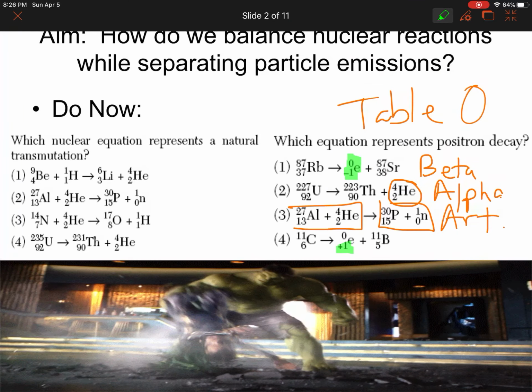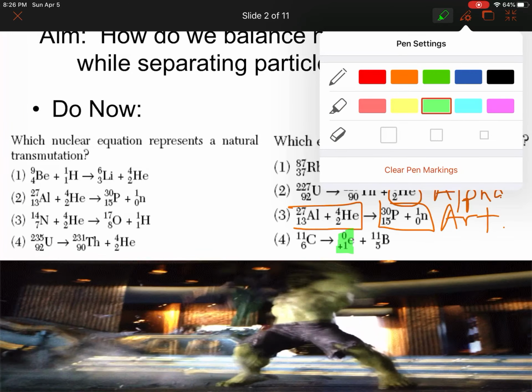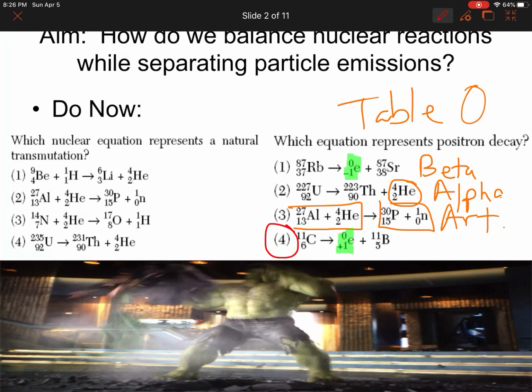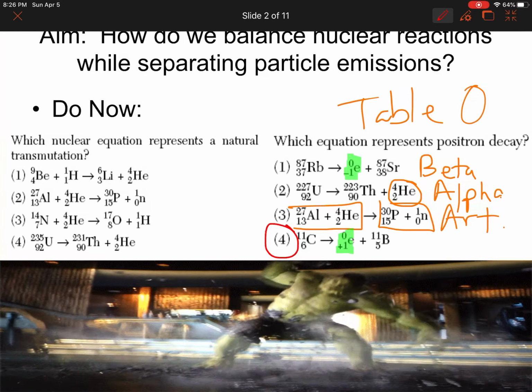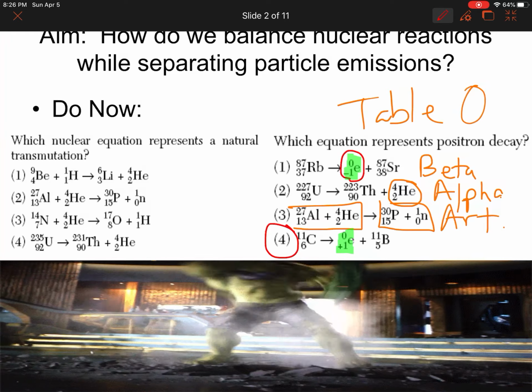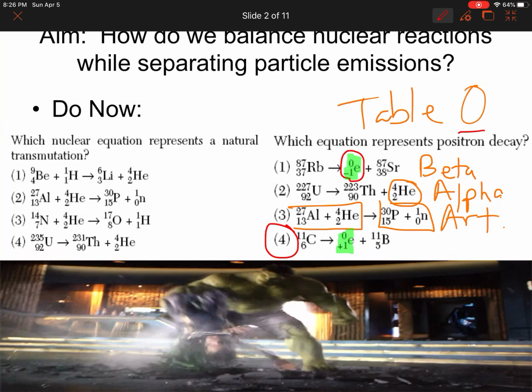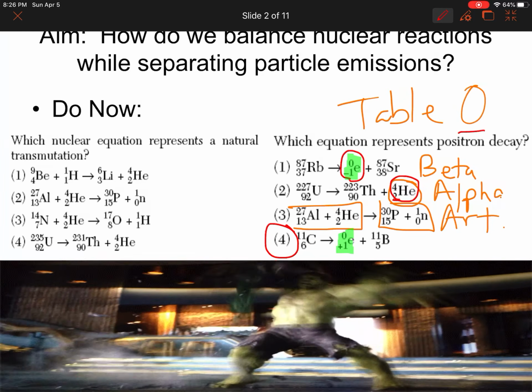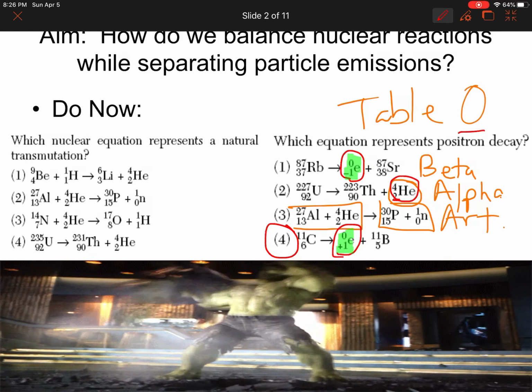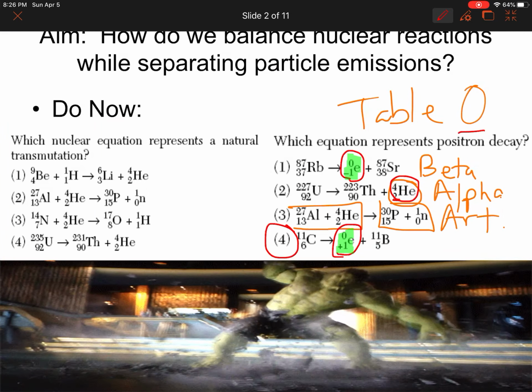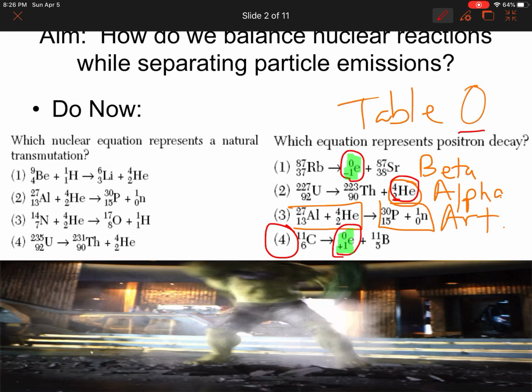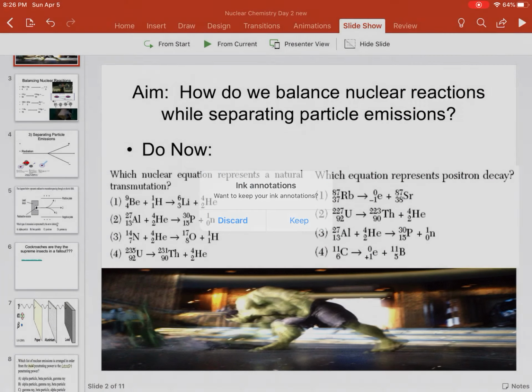When I see 0, +1e on table O, that tells me this is positron decay. Again, beta is 0, -1e on table O, 4, 2He is alpha on table O, and 0, +1e on table O shows that it is positron decay. Let's move on.